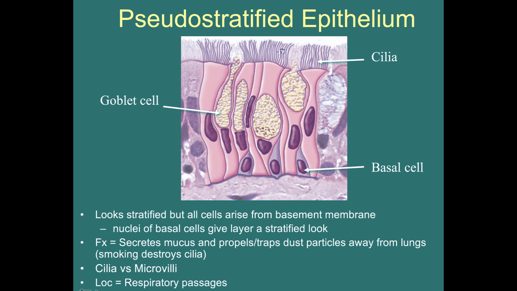These little hair-like projections beat and wave, and as dust and particulates get trapped in the mucus, these cilia help to move those particulates away from the inside of our lungs. And so our cilia are helping to move or transport substances, where our microvilli are helping to increase absorption.